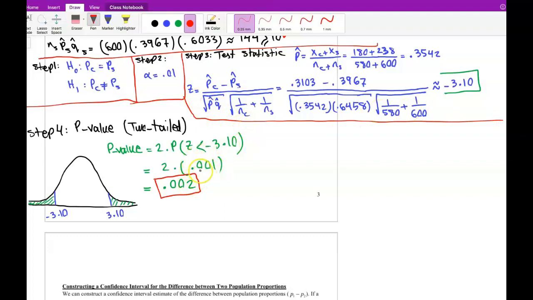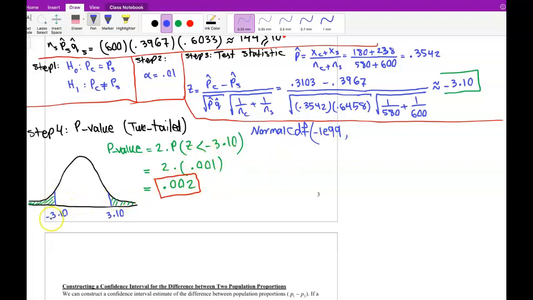To find this p-value, I use the calculator, using normal CDF. So normal CDF. Since I'm working on the left tail, starting from this side we have negative infinity, up to this point, negative 3.10. So the lower bound is negative infinity: enter negative 1, then second, use division to enter E, and then 99, comma.